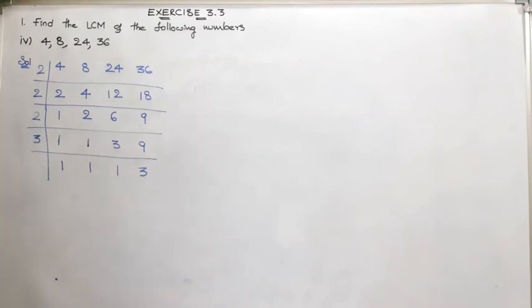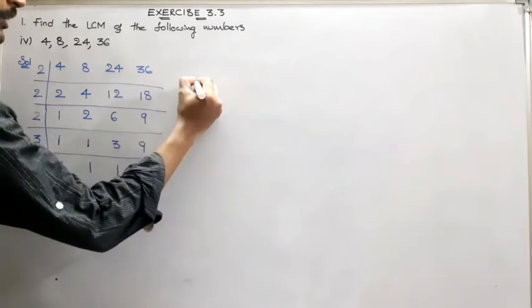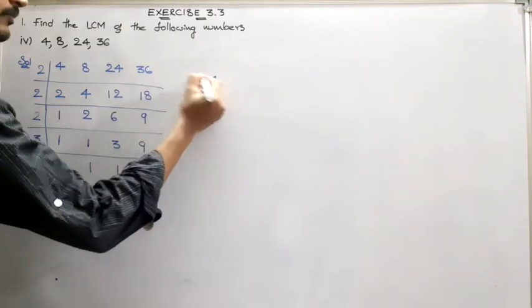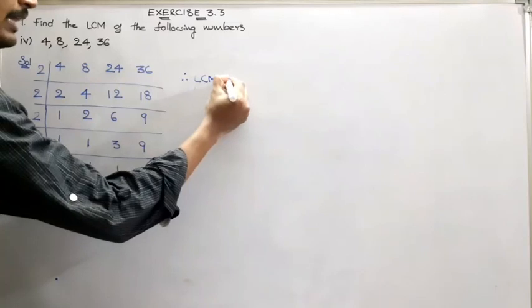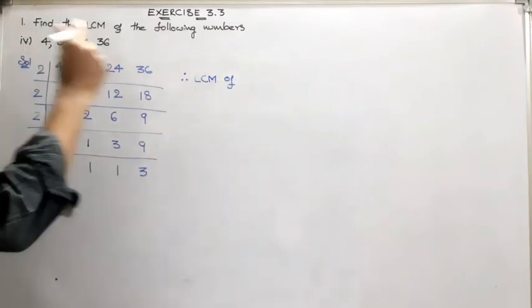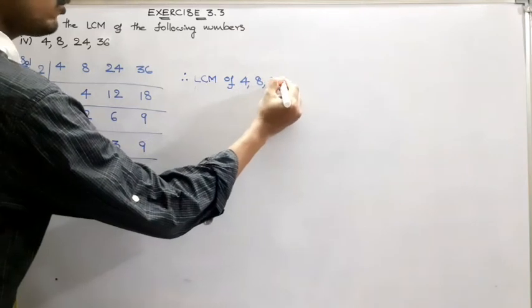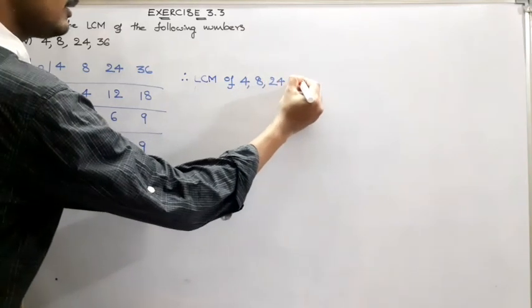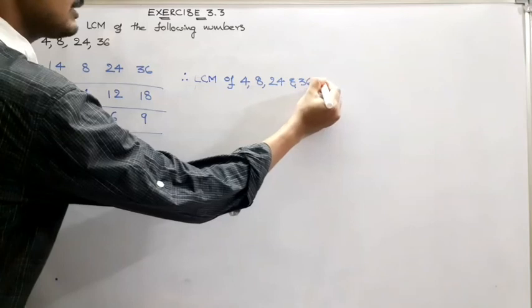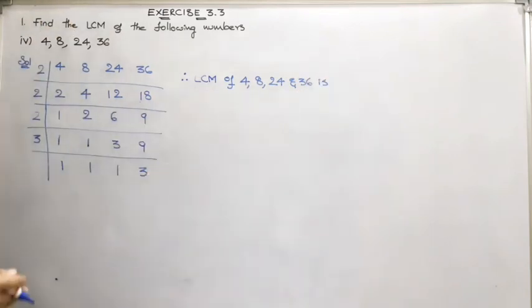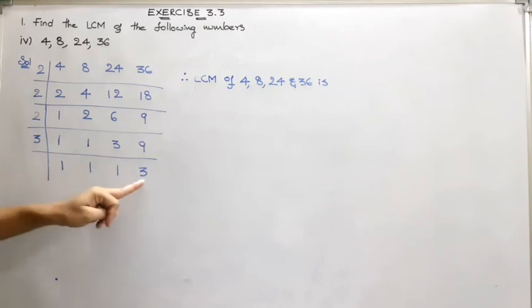Now, how to find the LCM is, therefore LCM of the given numbers 4, 8, 24 and 36 is, you can write side to this, not a problem, these common factors and the leftover digit.